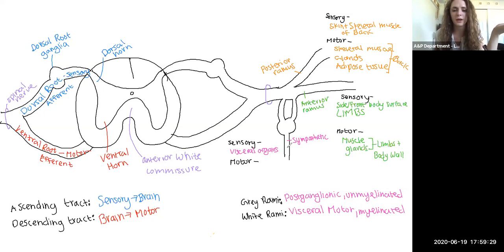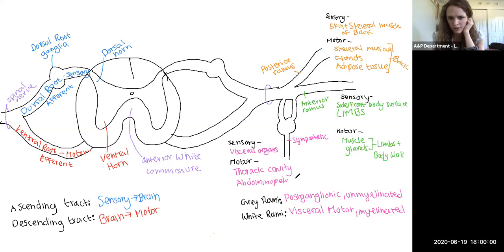That travels up via your sympathetic nerve because it's visceral, it's on the inside. The motor function of your sympathetic nerve is going to travel to your thoracic cavity. So you know what's in your thoracic cavity, your lungs and your heart, and your abdominal pelvic cavity.